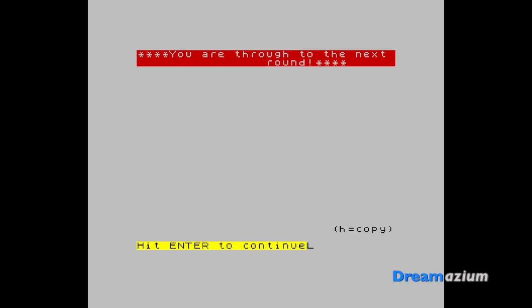Okay, so it's using feedback to let the user know where they are, what's going on, and it's highlighting it. So if we look at the flashing cursor down there at the bottom, now we can see that we're meant to do something, and it is next to the label which says hit enter to continue.